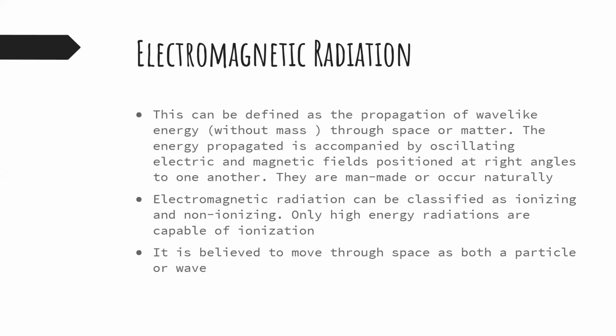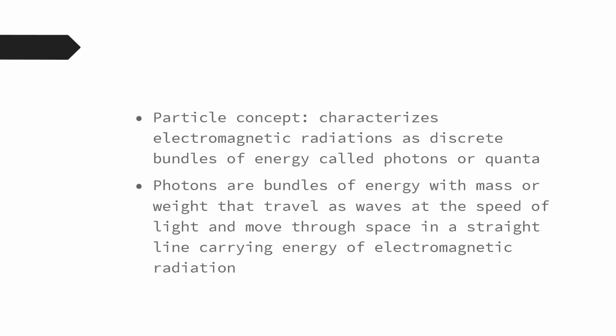Now, they are also classified into two classifications: non-ionizing and ionizing. Only the high energy radiations are capable of ionization. It is believed to move through space as both particles and waves.